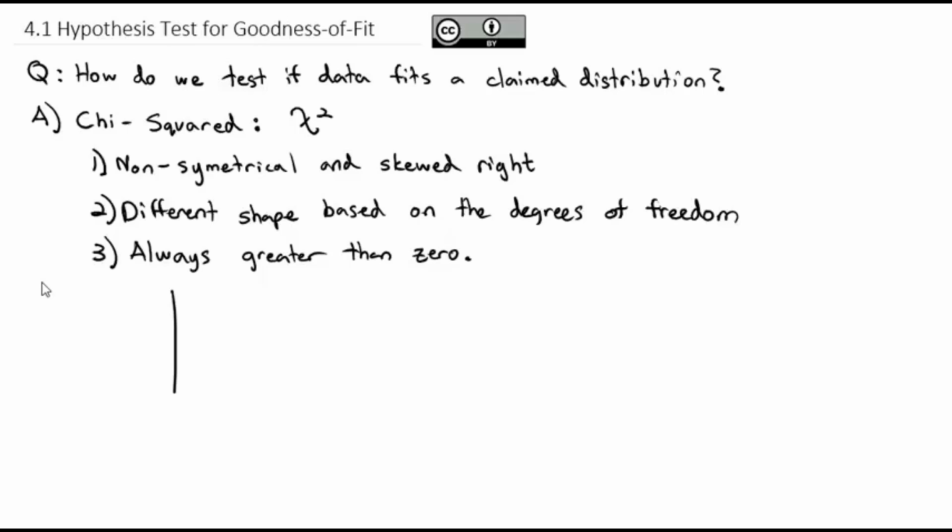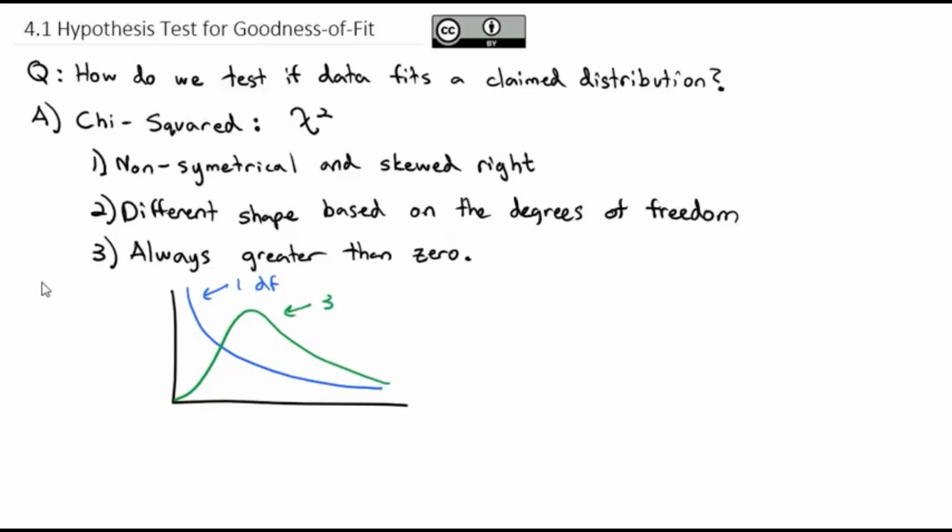The chi-squared actually starts at 0, and depending on the degrees of freedom, if there's only 1 degree of freedom, the graph looks something like this. But if we increase the degrees of freedom to maybe 3, it's going to look something like this, with a little hump skewed to the right.